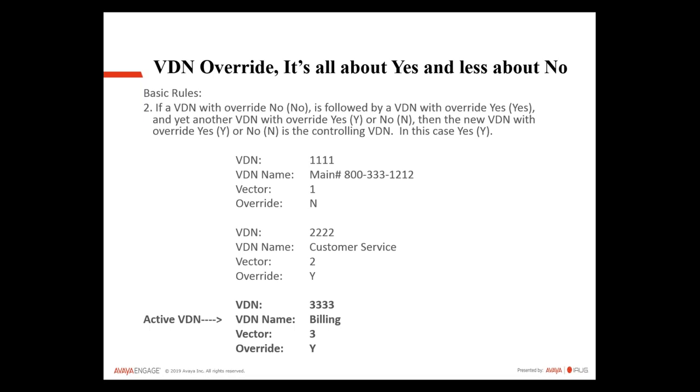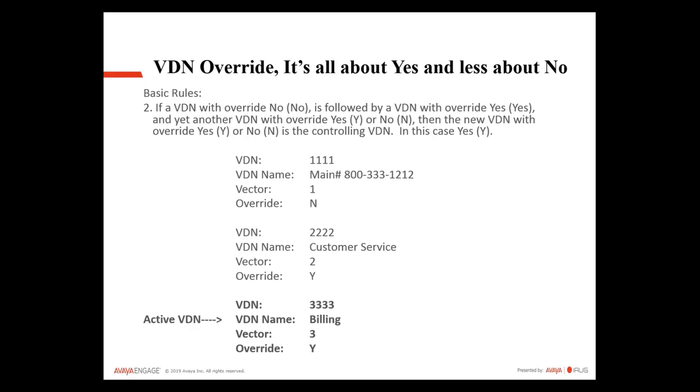Then after customer service goes to billing, billing says, hey, customer service, can I override you? Customer service is set to yes. So even though main said no, customer service doesn't care and overrides it with their yes. And now billing is in charge. So the information from the billing VDN will be applied to the call.